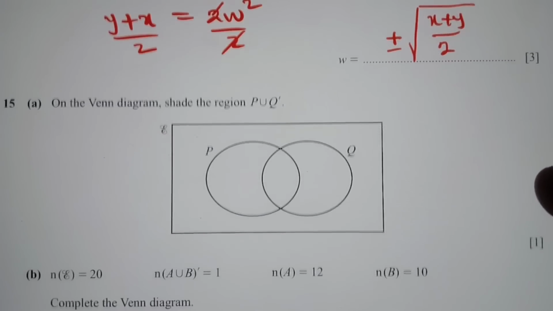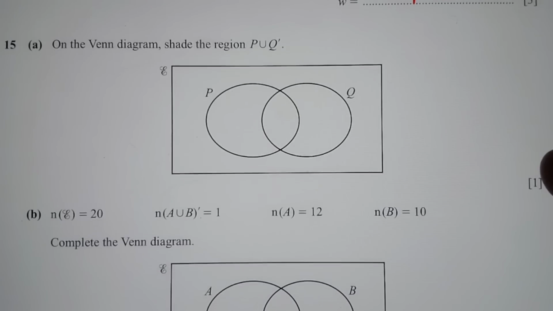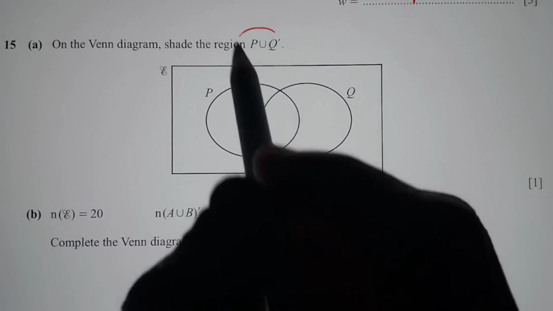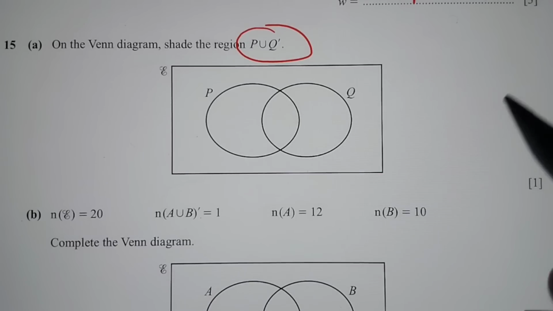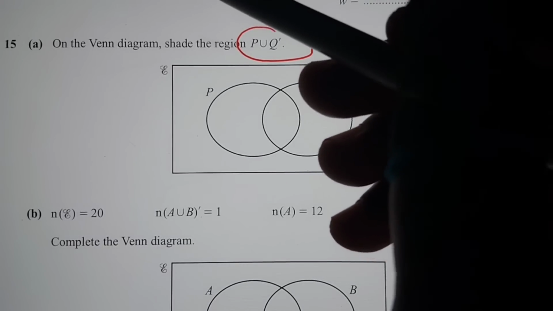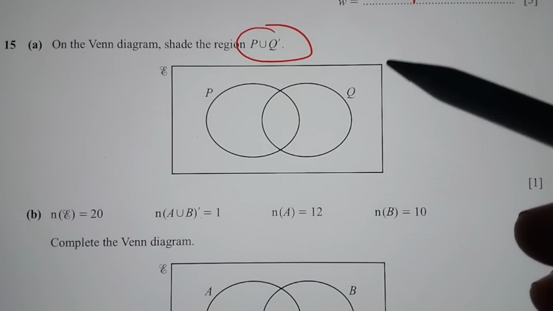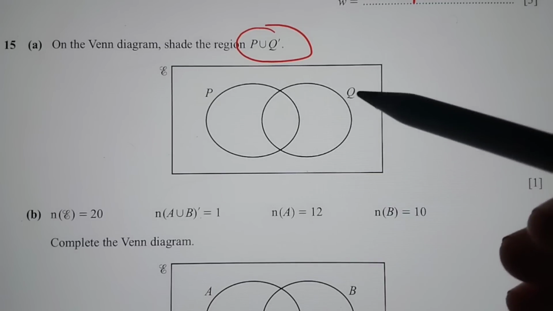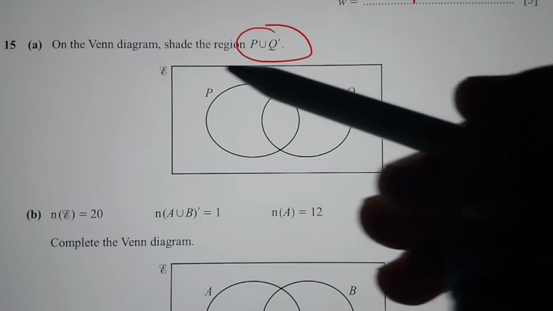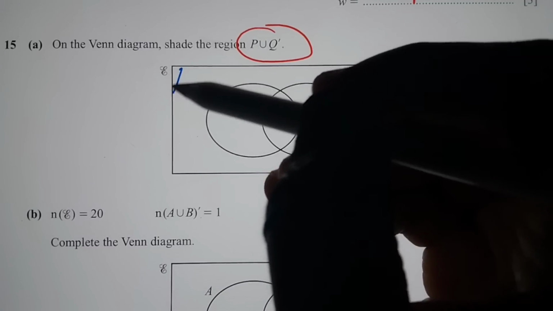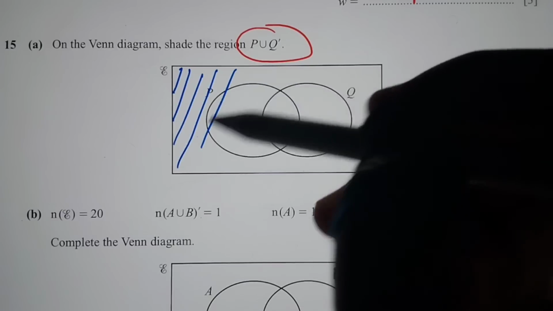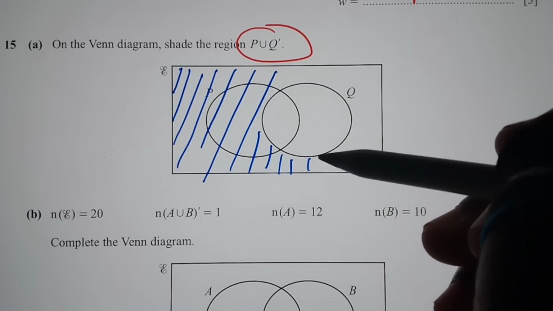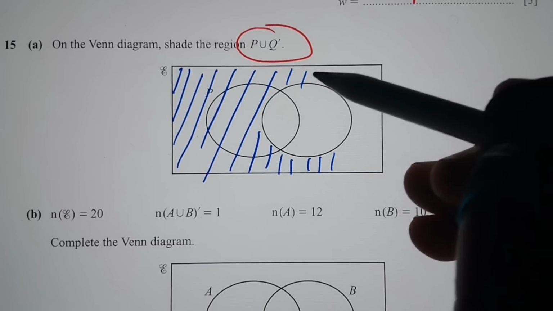Question 15 says that on the Venn diagram, we should shade the region P union Q prime. This is a bit easier to do. First of all, you want to get Q prime, which is everything apart from Q. So you shade all of the box apart from Q itself.